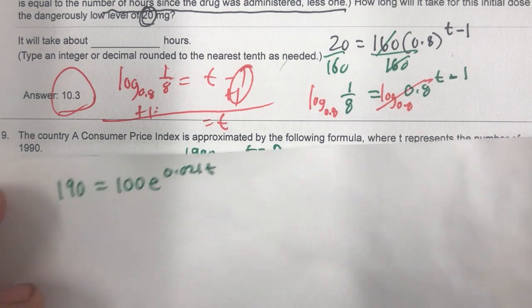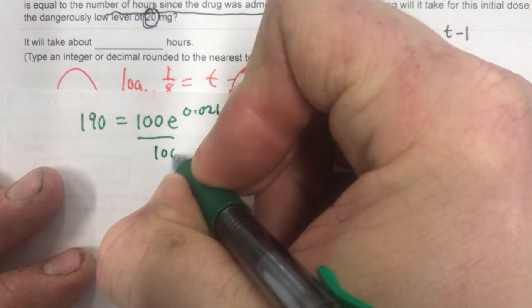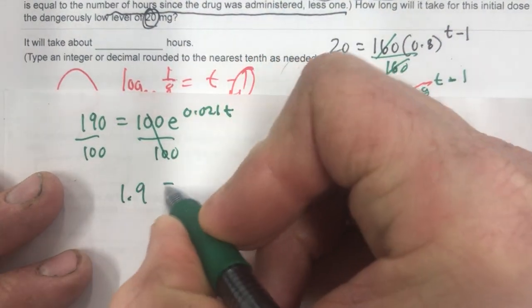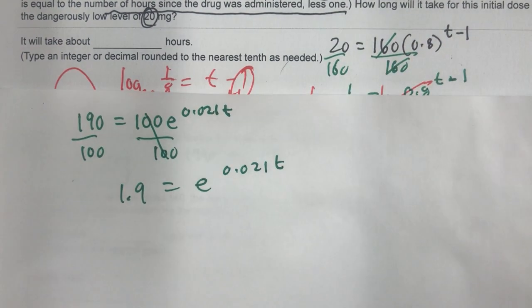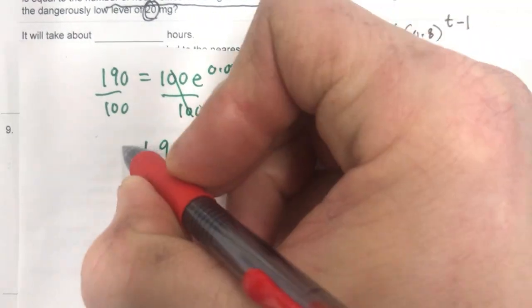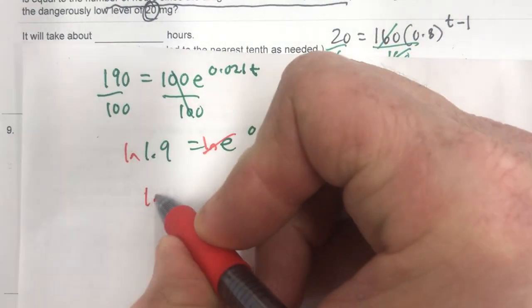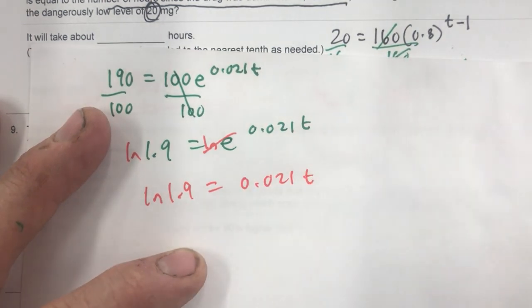All right, so put that in. Now I'm going to divide both sides by 100, which cancels, and it would be 1.9 equals e to the 0.021t. And then I'm going to do a natural log to make this cancel out. So natural log of 1.9 equals 0.021 times t.